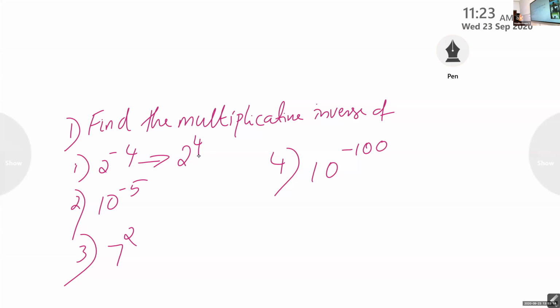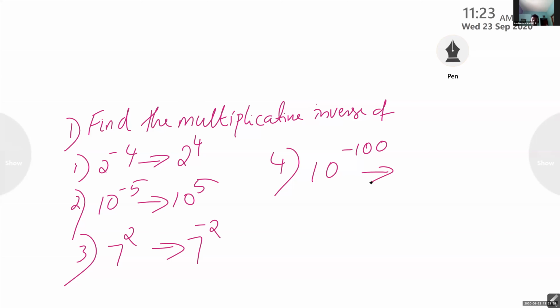2 raised to negative 4. Its multiplicative inverse is 2 raised to 4. Right, others? Second answer? 10 raised to 5. 7 raised to negative 2.